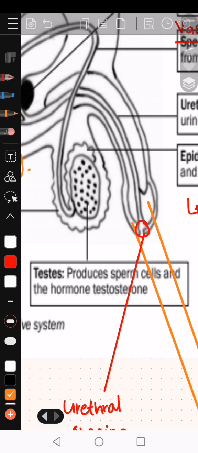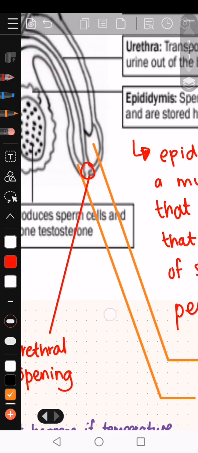But let's just understand here that the testis produces the sperm cells and the hormone testosterone, but it is the hormone testosterone that is responsible for the development of the secondary sexual characteristics, not the testes, right? Testes means plural, testis is the singular version of it, right?